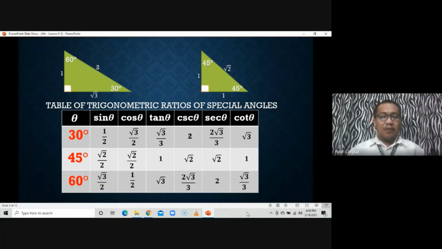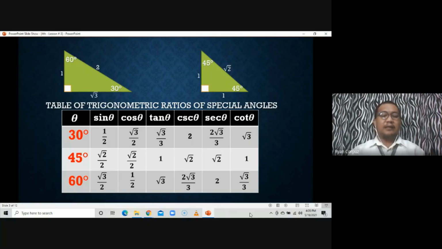So what is the use of this table of special angles? Once you encounter the special angles 30 degrees, 45 degrees, and 60 degrees, you don't have to use a calculator anymore. You just have to look at the table of trigonometric ratios of special angles when you see them together with the 6 trigonometric ratios, so you already know the value.